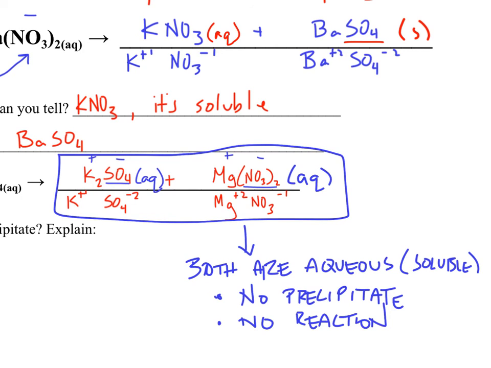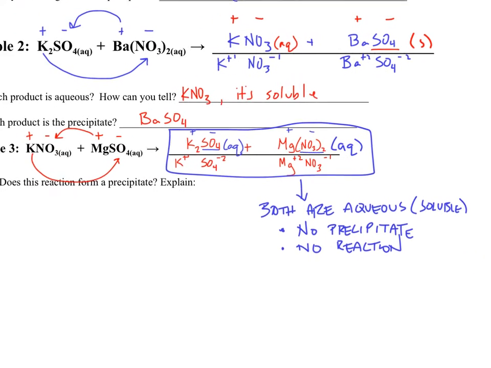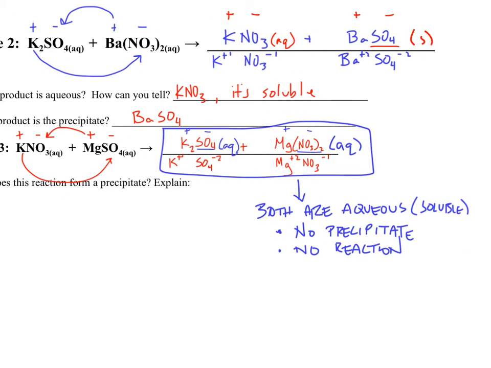So the question says, does this reaction form a precipitate? Well, if I've got two aqueous solutions, then both of them are soluble, meaning no precipitate will form, no reaction will take place.